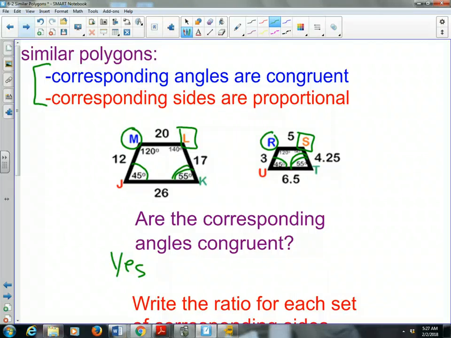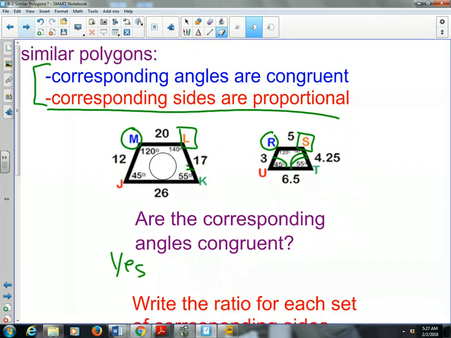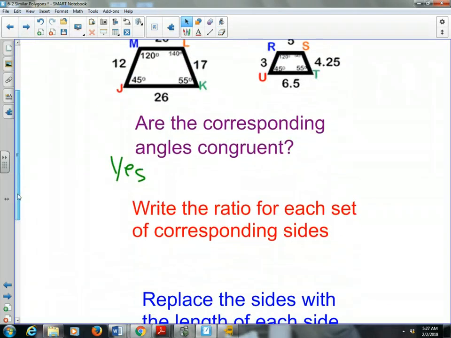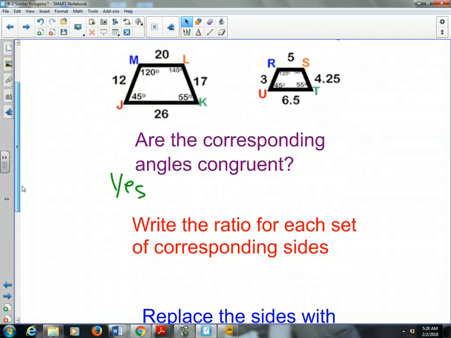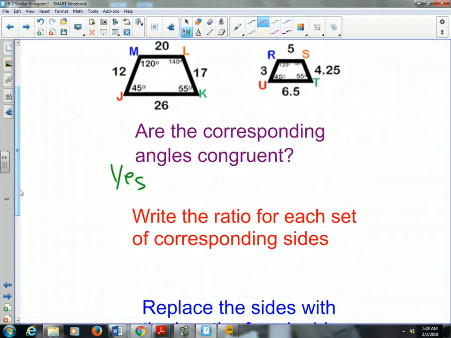Now we have to determine, are the corresponding sides proportional? Let's break this down one step at a time. Write the ratio for each set of corresponding sides. MJ is the side that I'm going to start with.